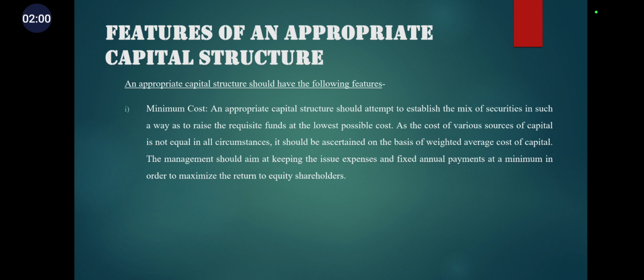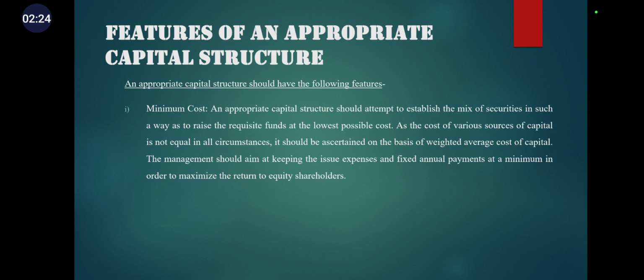Of course, the costs of different sources of capital won't be the same in all situations. So you first have to find out the weighted cost of capital. It should be ascertained and fixed on the basis of the weighted average cost of capital.